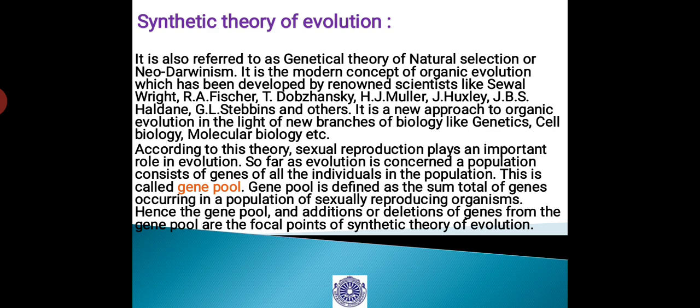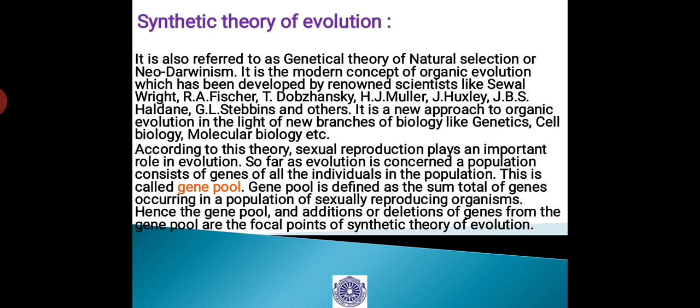The reason is, after 1900, intense work has been done in the field of genetics after the rediscovery of Mendelism, because of which today we have a good idea about how variations are produced, that is by the advancement in the field of genetics. And as new ideas were synthesized after Darwin, this theory is also called the synthetic theory of evolution.